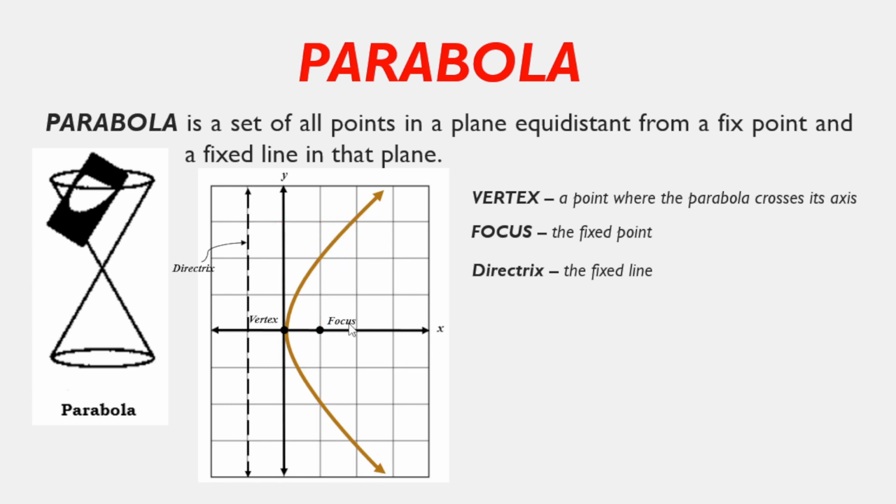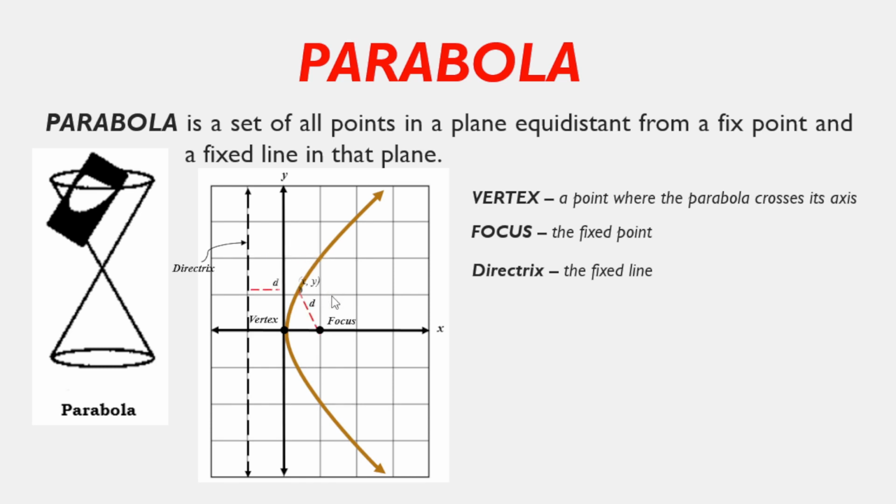If we get another point on the parabola, suppose this is our point P, and we draw a line that connects point P and the focus, and a perpendicular line that connects point P to the directrix, then their distances are equal.